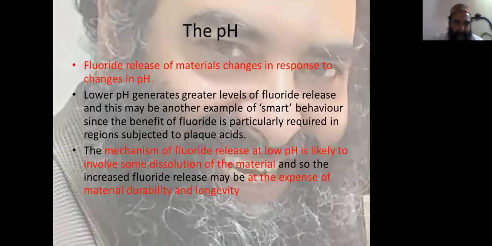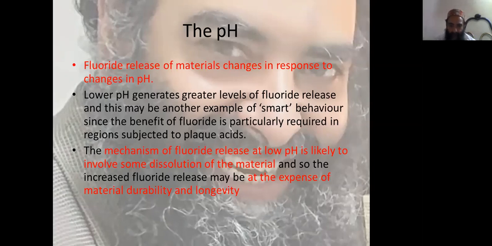Now, the fluoride release of material changes in response to changes in pH. Lower pH generates greater levels of fluoride release, and this may be another example of smart behavior, because this material shows smartness in coping with high acidic content.